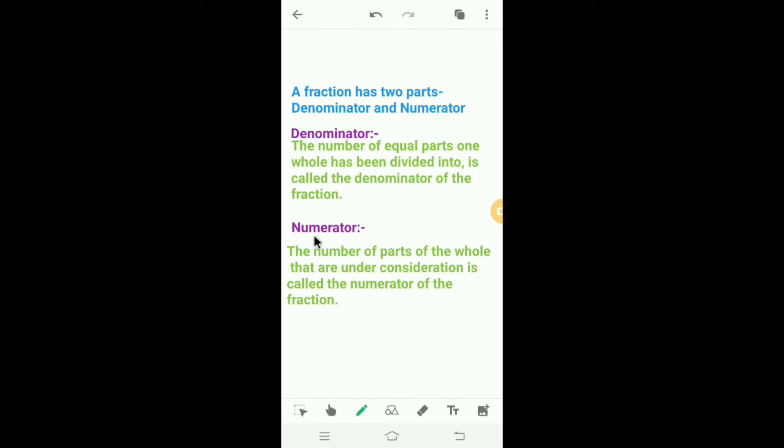Next definition is numerator. The number of parts of the whole that are under consideration is called the numerator of the fraction.